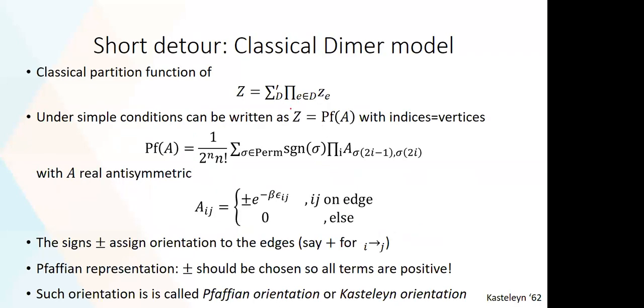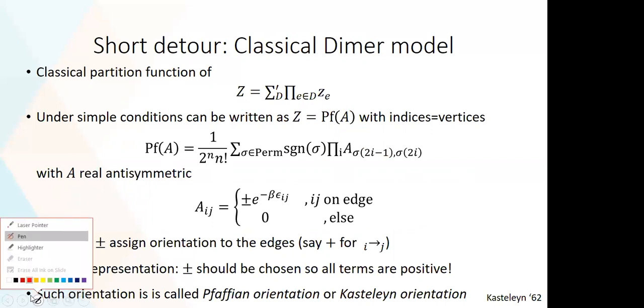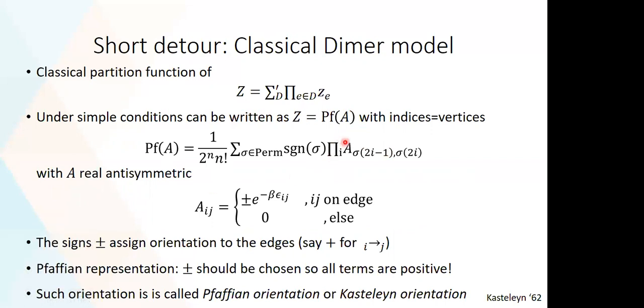Okay, so now I want to take a short detour in the classical dimer model and tell you how people calculate correlation functions. Some notions from here will also be helpful in the Majorana dimer model. So let's say we have the classical partition function. This is just a sum of all dimer configurations.